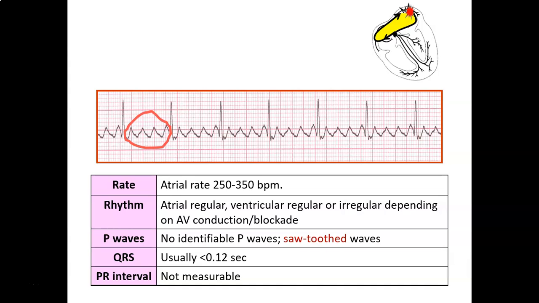But God has protected us from this fast abnormality by giving us the SA node. We are blessed to have the SA node that controls such abnormal activities.